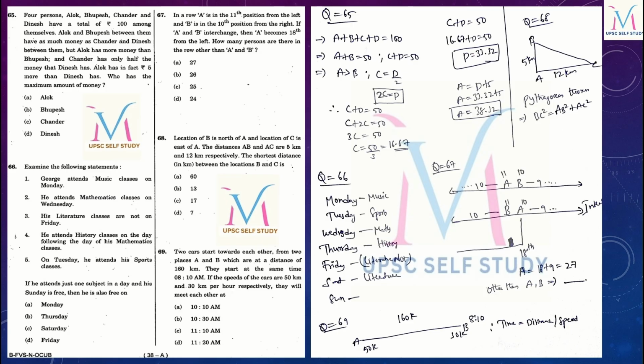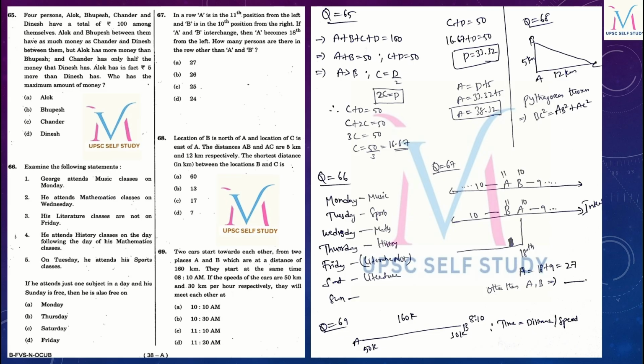If you look at the question number 69 explanation part, the distance AB is 160 kilometers. They start at the same time, at 8:10 a.m. So both cars start from both ends towards the middle at 8:10.